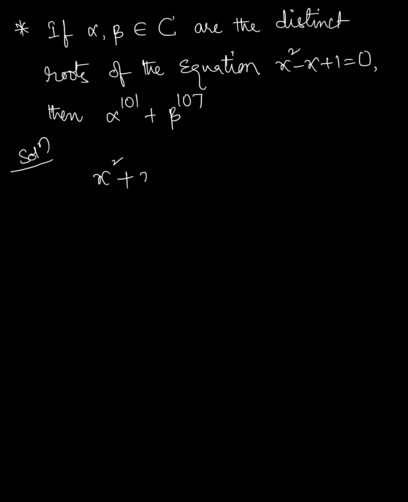Suppose the quadratic equation is x square plus x plus 1 equal to 0, then the roots are, one is omega, another one is omega square. Why?